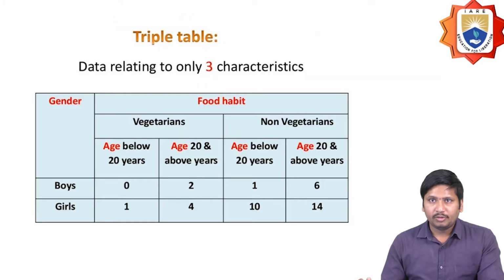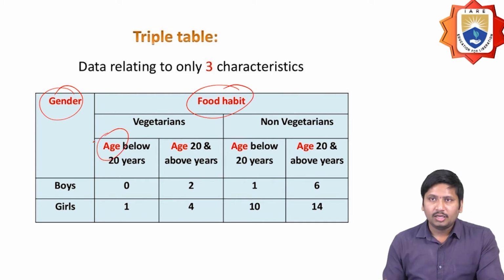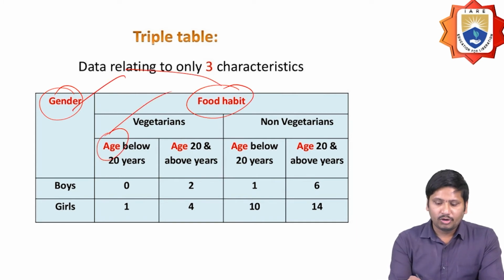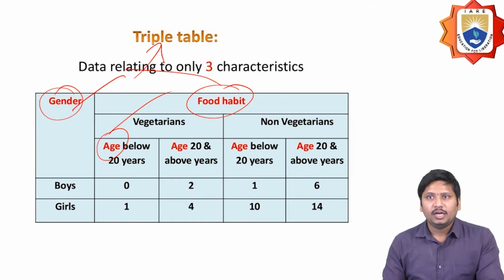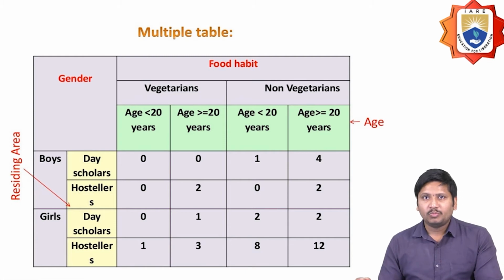Then a triple table means three characteristics. First is gender, then food habit, and age is the other. If you want to represent these three characteristics, then you have to go for the triple table. And multiple table means more than three.